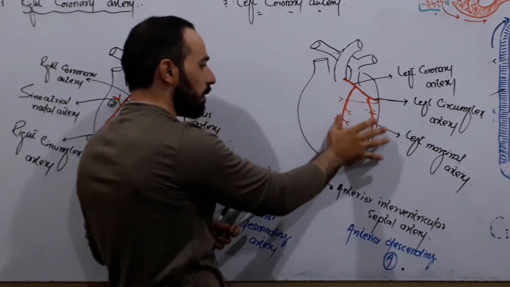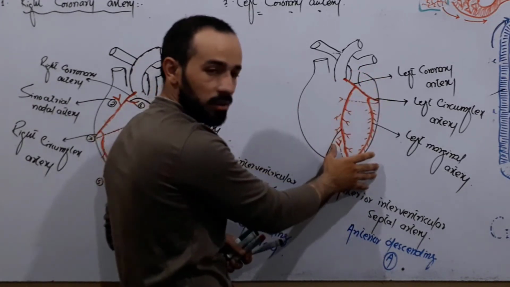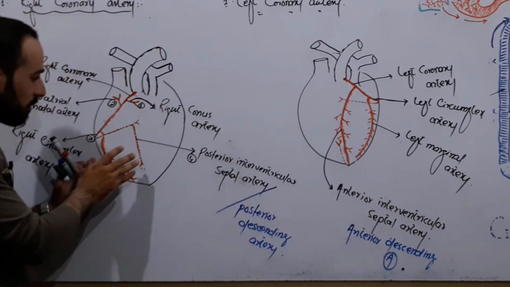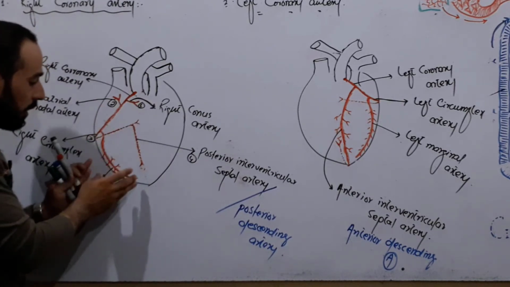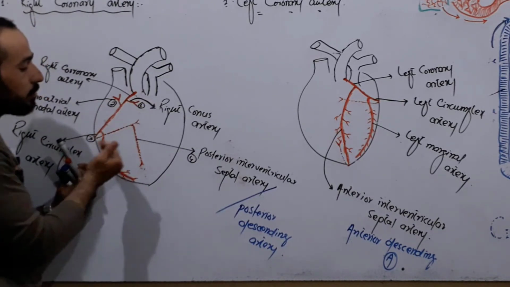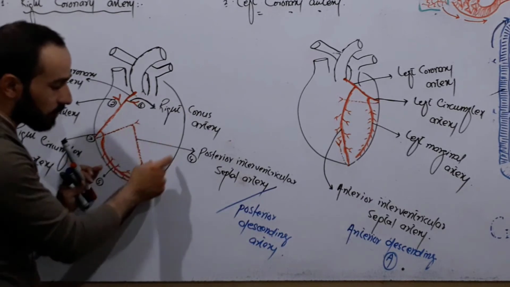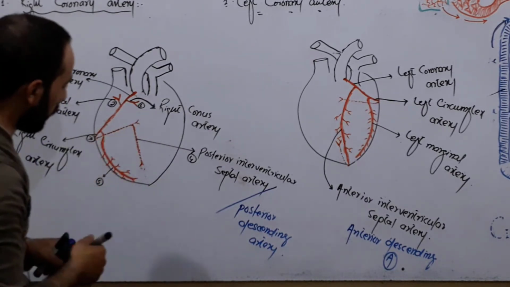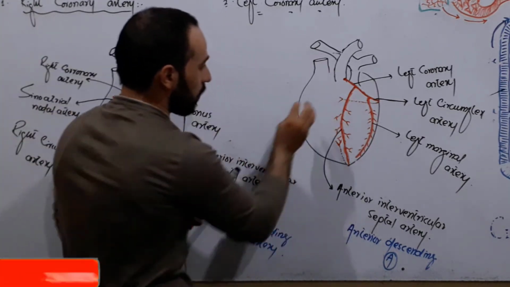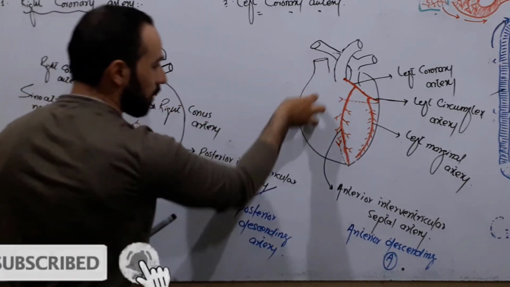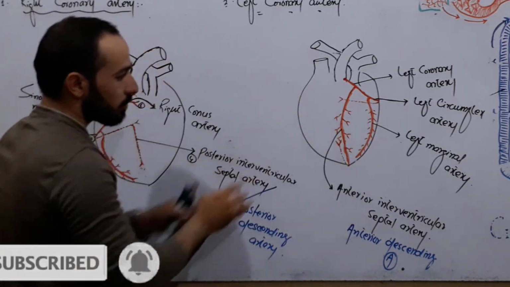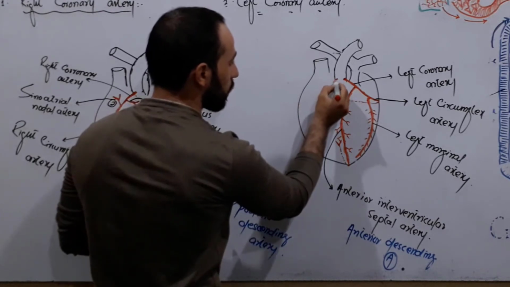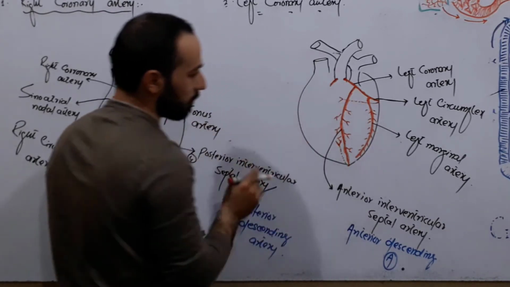Left coronary artery mostly supplies the left side of the heart, and right coronary artery mostly supplies the right side of the heart, but right coronary artery also gives some branches to the left side, to the left ventricle or to the left side of the heart also. Okay, so look carefully. Now let me put the right coronary artery also here so that we could get the complete circulation. Let's put our right coronary artery to complete our diagram.